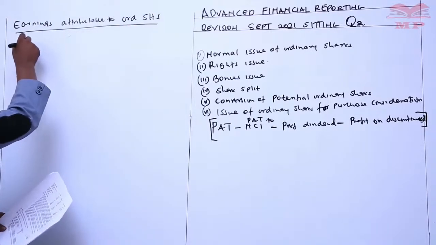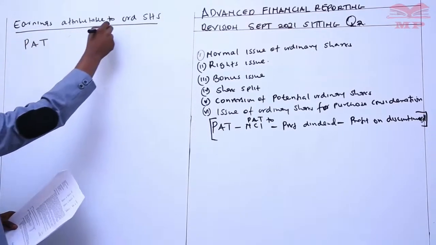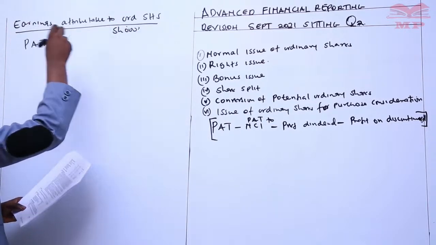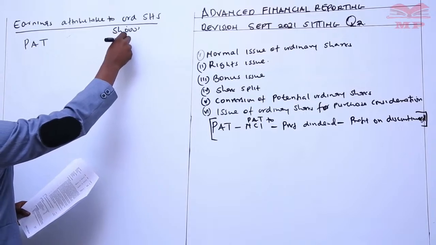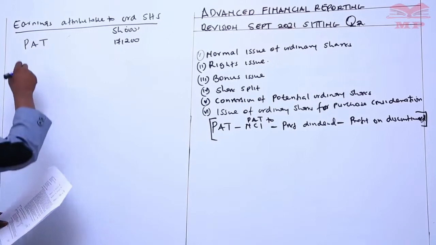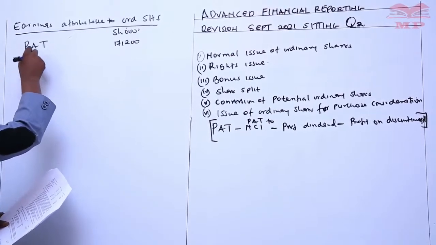So profit after tax is 171,200. And then we minus preference dividend.